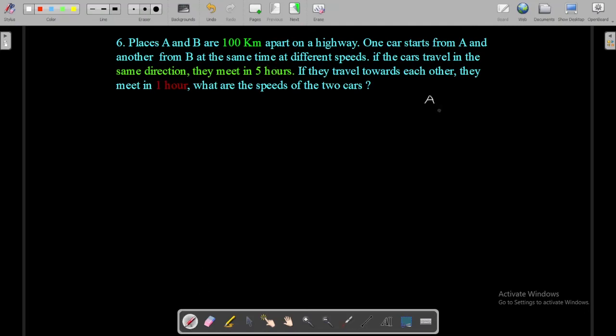According to the problem, a car starts from A. So this is our car. It is starting from A and another car is there at B. It is also starting from B. They are traveling at different speeds.